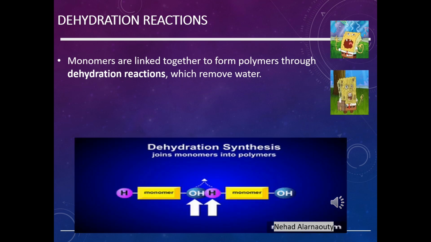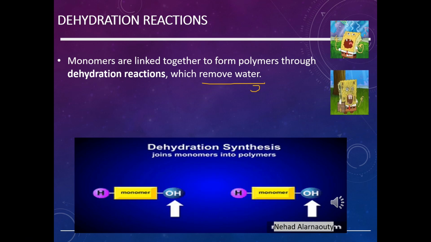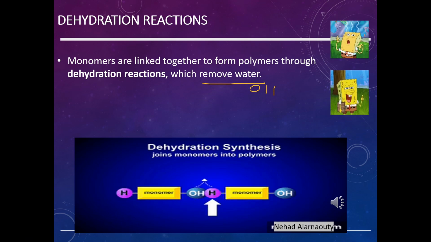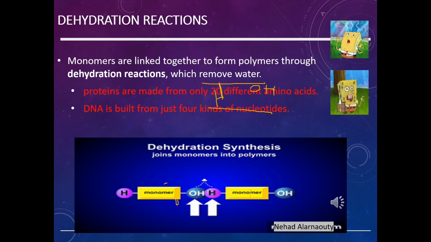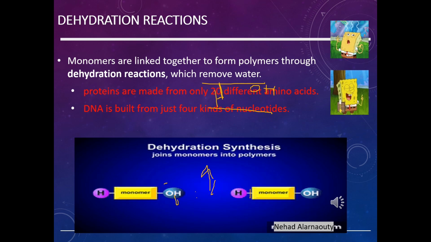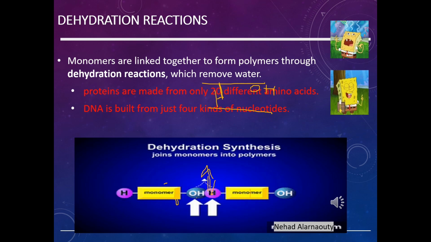When I remove OH from one monomer and H from the other monomer, I can form a bond and give the polymer. So here I have one monomer and a second monomer. I remove OH here and H here, and water is released to connect them by a bond.